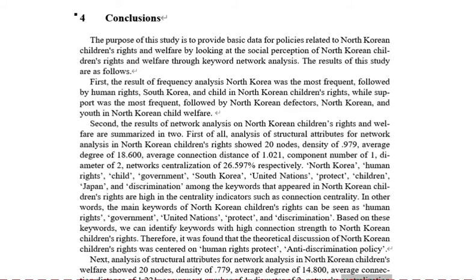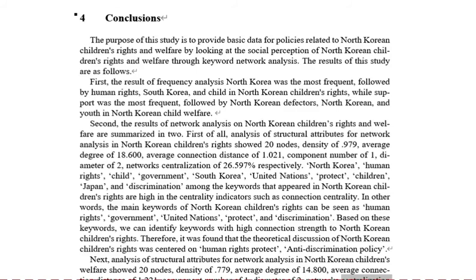North Korea, human rights, child, government, South Korea, United Nations, protect, children, Japan, and discrimination were among the keywords that appeared in North Korean children's rights and were high in centrality indicators such as connection centrality.